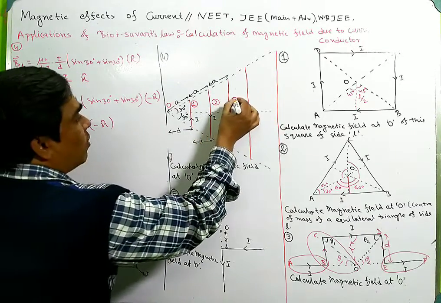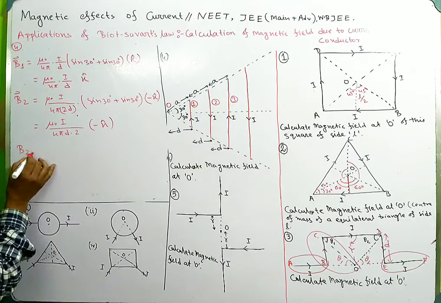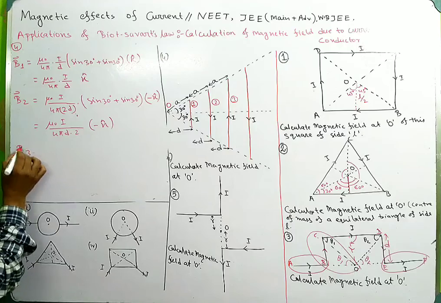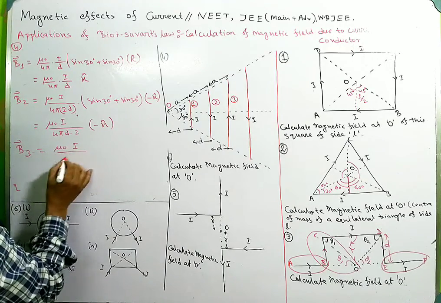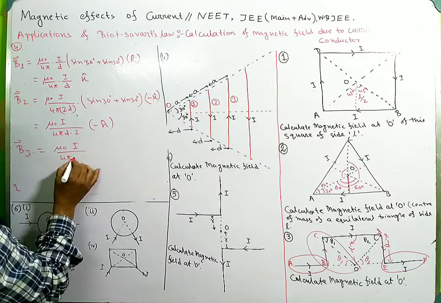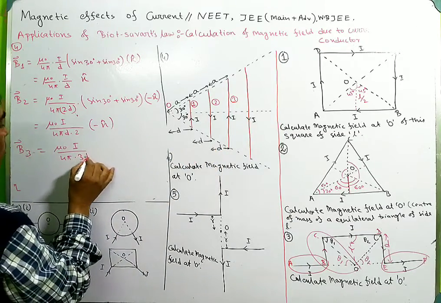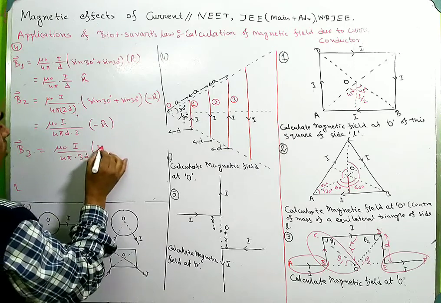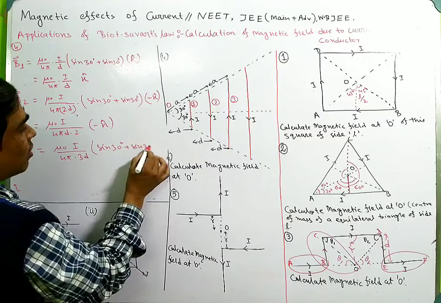Similarly, suppose this is wire 3. The magnetic field due to wire 3 will be mu 0 I by 4 pi into 3d, into sine 30 degree plus sine 30 degree.